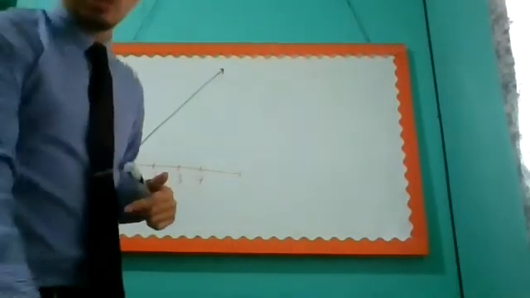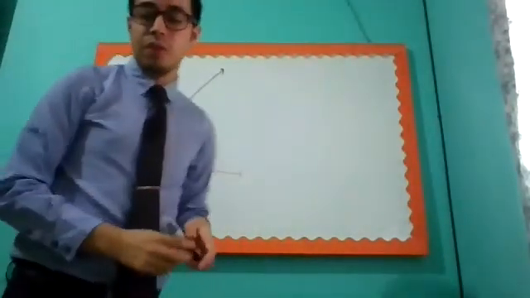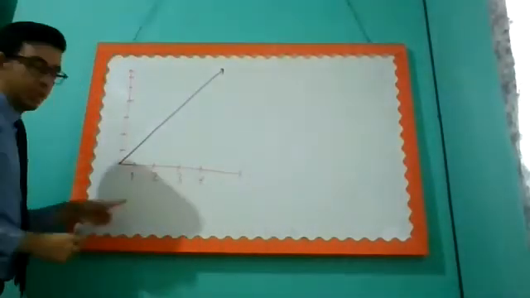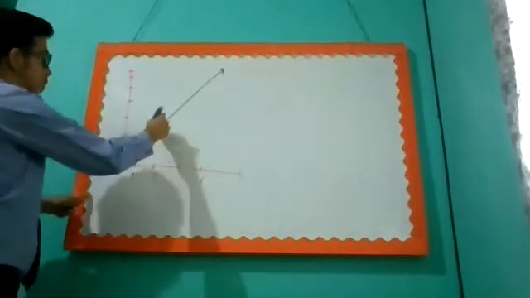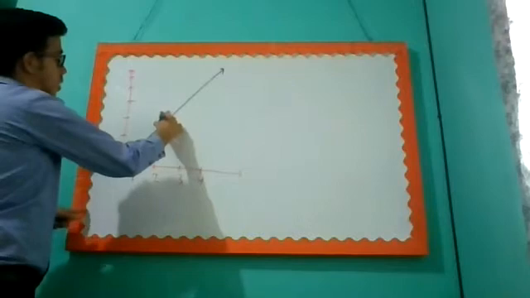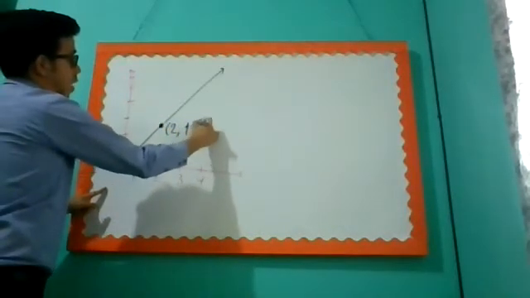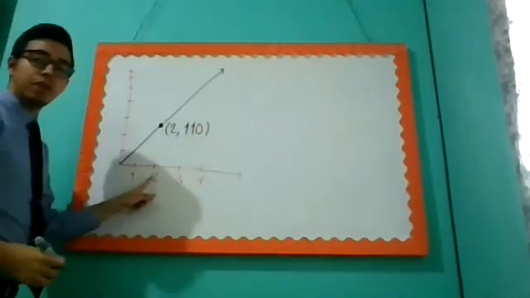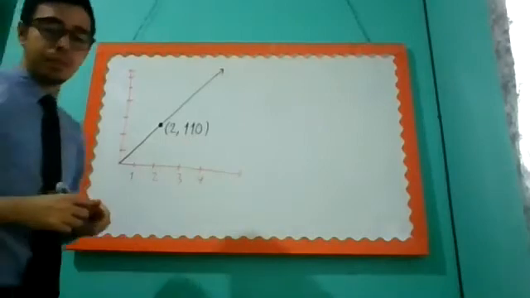And you have the points on the graph. You can see the points you have. When you have 2 for x, it is 110 for y.